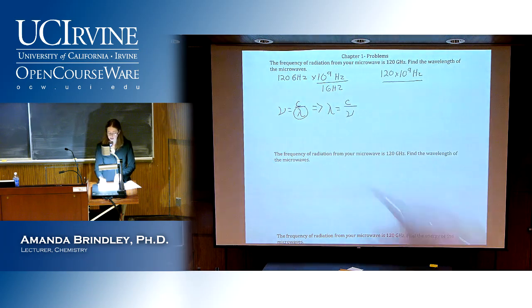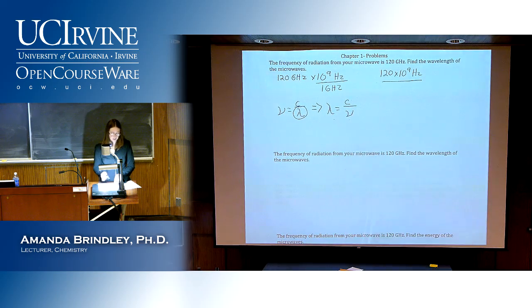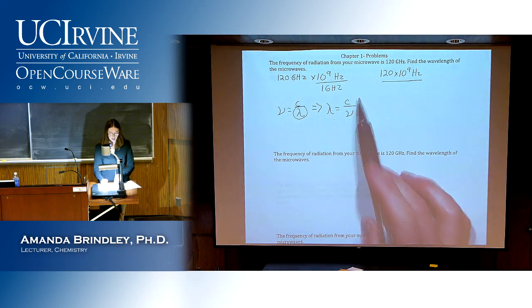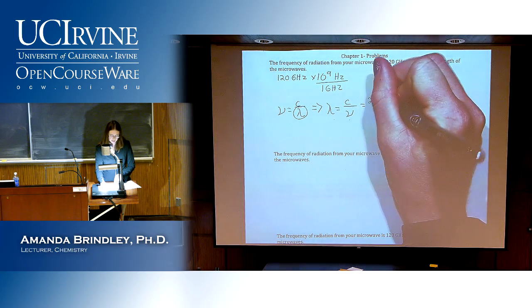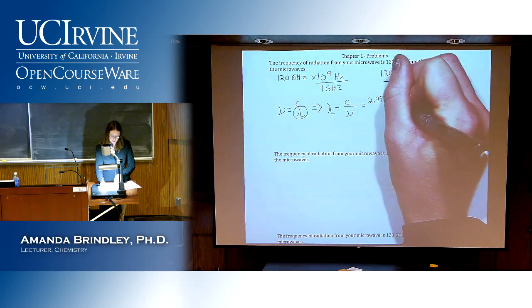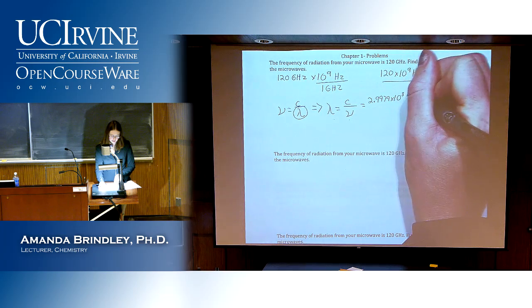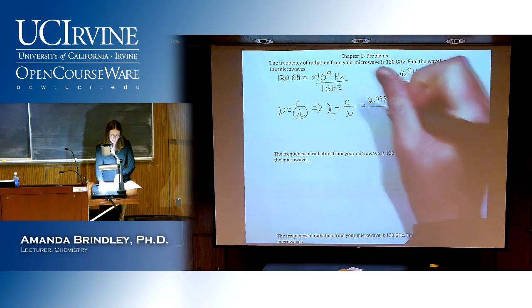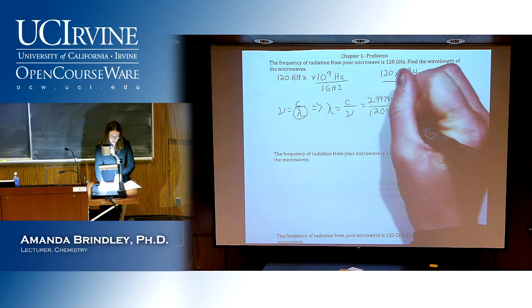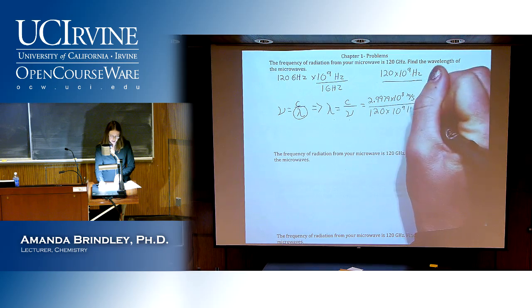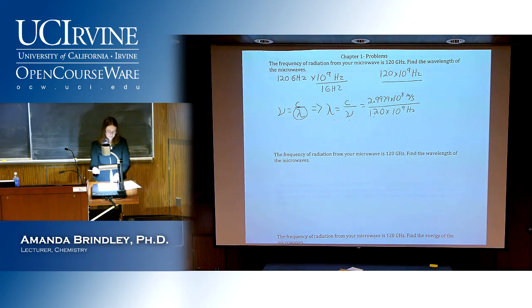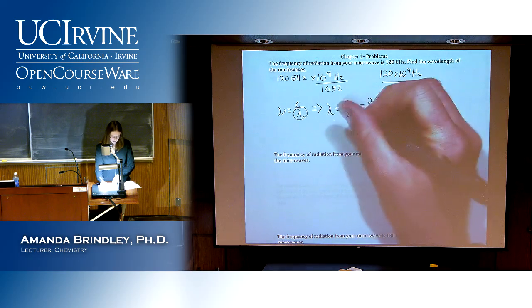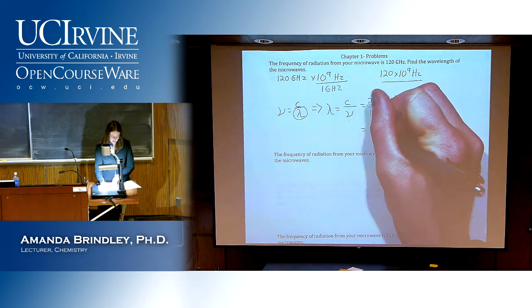So we can fill in our lambda equals c over nu, wavelength equals the speed of light over frequency, and then we can fill in all our values. And we can bring down hertz here. Now, of course, you could never leave an actual answer in 120 times 10 to the 9th, but it's fine to fill it into an equation. And we get our answer.